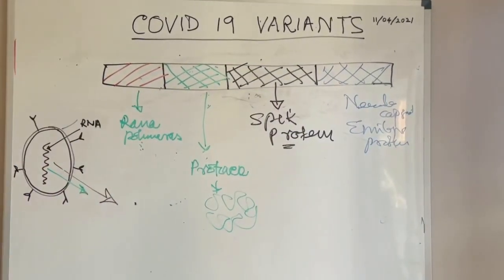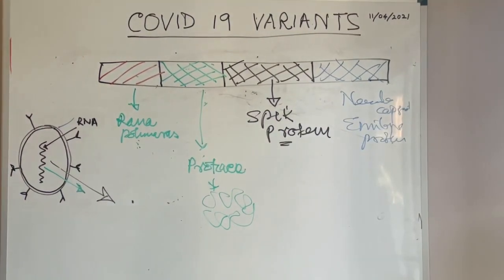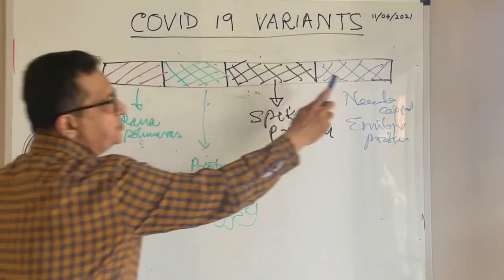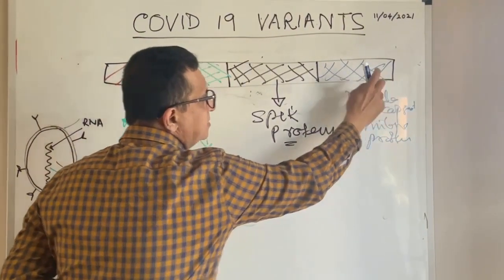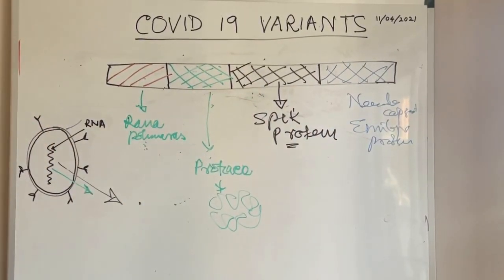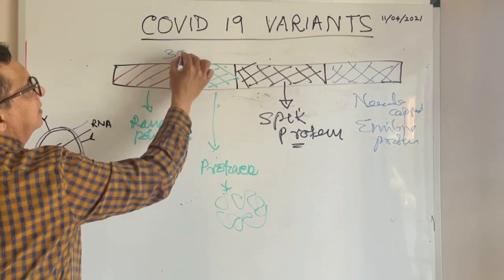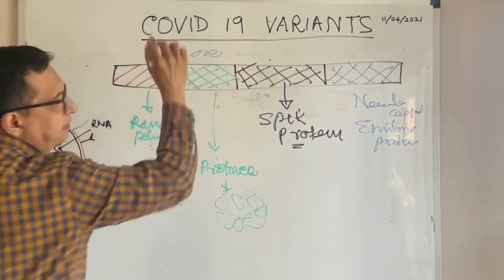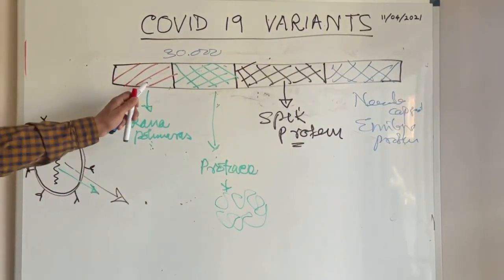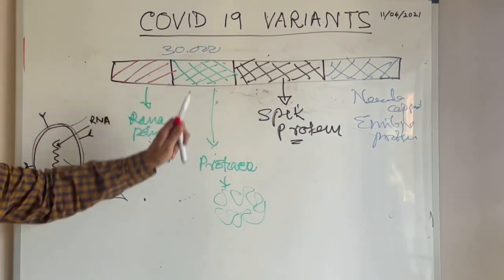Envelope protein production. Just to remind you, this is the genome which contains that 30,000 pattern of bases. Out of that, the first part is this, second part is this.